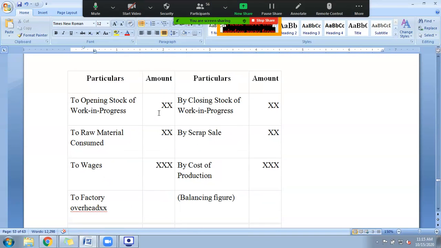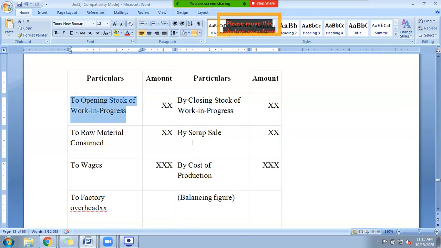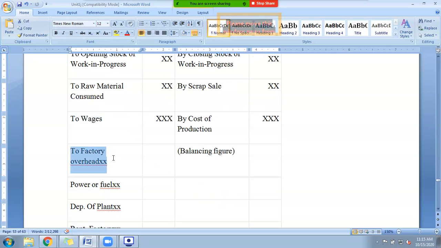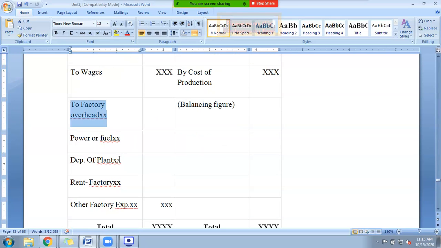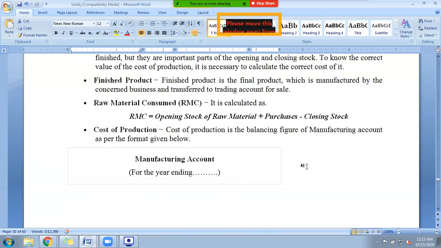So this is the format. Opening work in progress, raw material consumed, wages, factory overhead, that is factory expenditure, nothing else. Fuel, depreciation on plant, rent, other factory expenses. See, this is the manufacturing account.